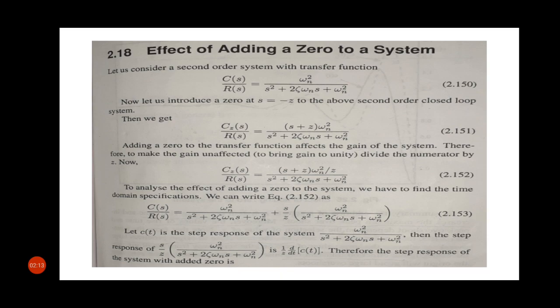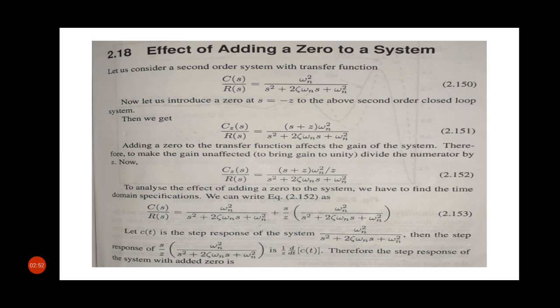The term DC gain is defined as the amplitude ratio between the steady state response and the step input. Because in the first equation, equation 2.150, the DC gain is 1, but after adding the zero the DC gain is not 1.